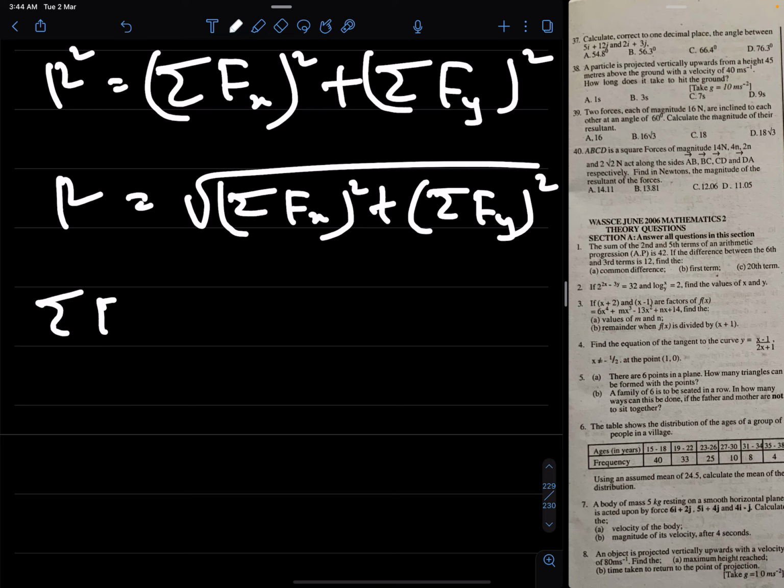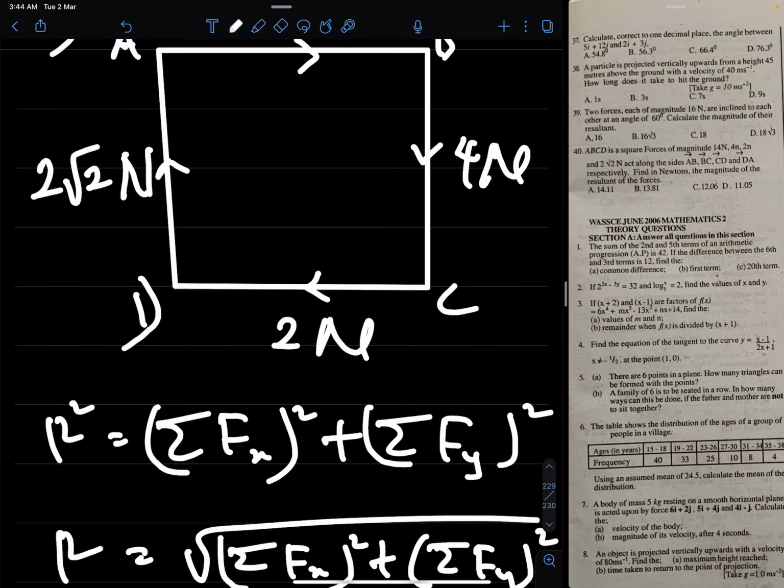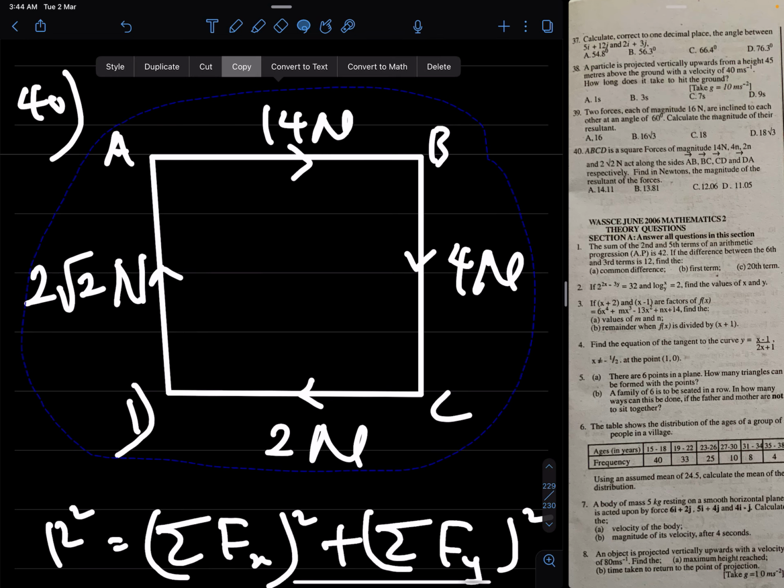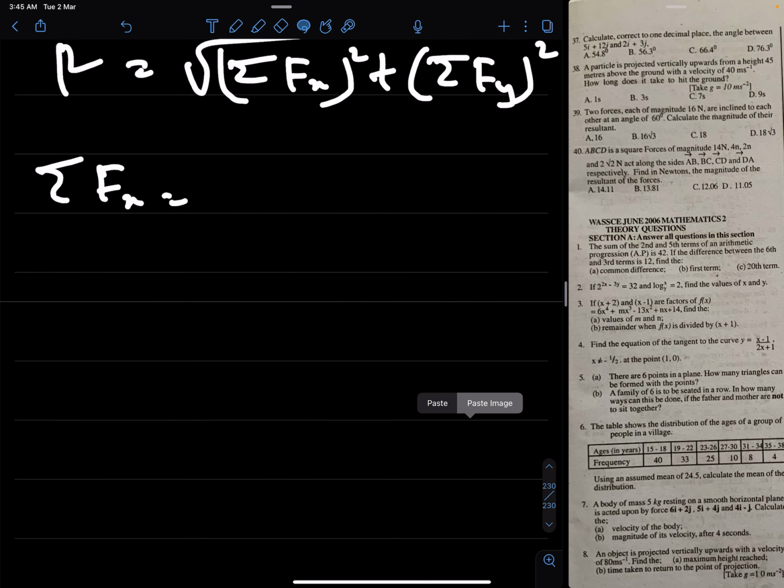I want to copy this and paste an image of it here so that we can see what we are doing without having to scroll down again.